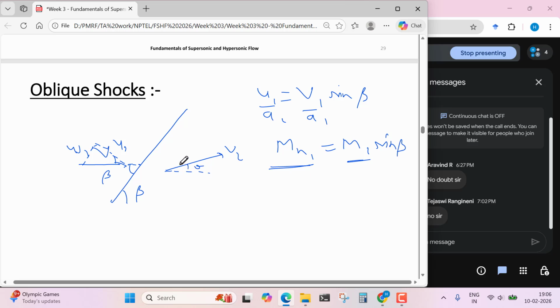Similarly, this component is U2 and this is W2. This whole angle is β. So U2 will be V2 sin(β minus θ).